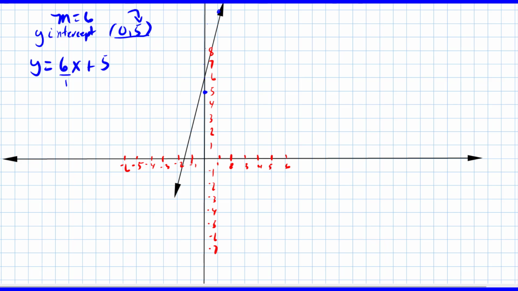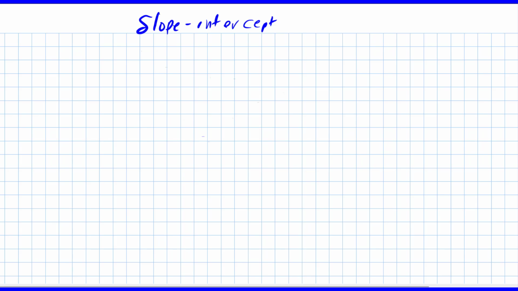So now let's take a look at writing equations in slope-intercept form. Given an equation, and then once we get it in slope-intercept form, we can easily then tell what the y-intercept and the slope are. And once we know those, we can simply get them into a graph.